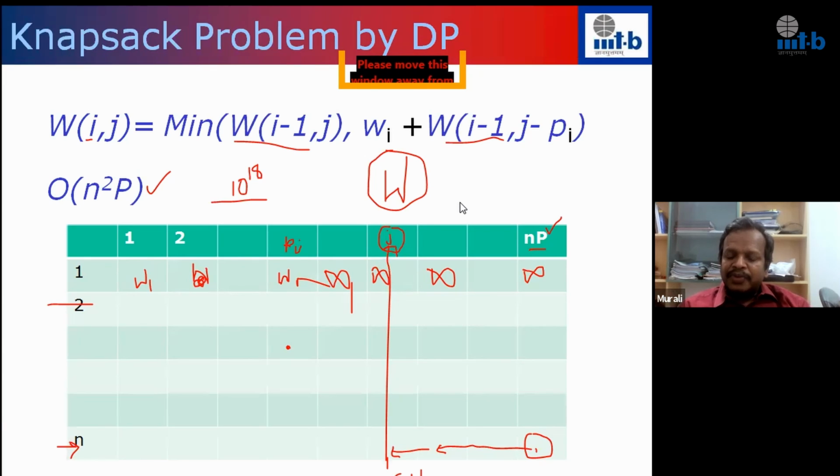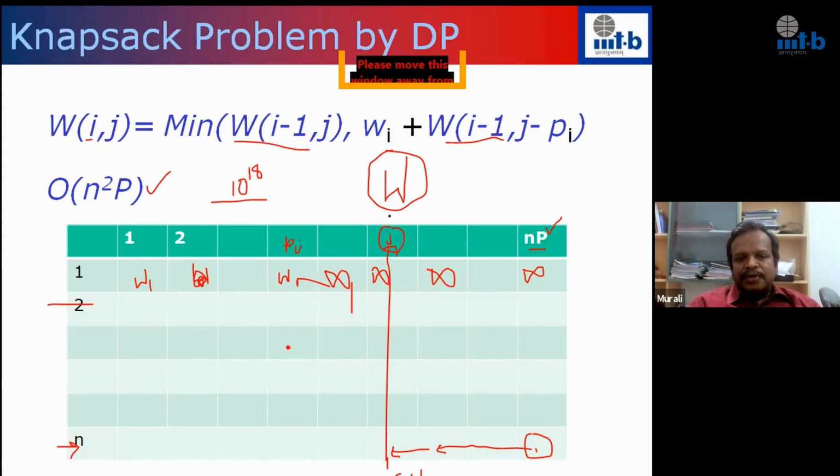How close you want, you can decide. You can take any epsilon. If you want to be within 1% of the optimum, this will give you that. But if you want to get very close to the optimum, then the complexity of the algorithm will depend on how close you want to get. We will see more specific examples, more specific equations in this.